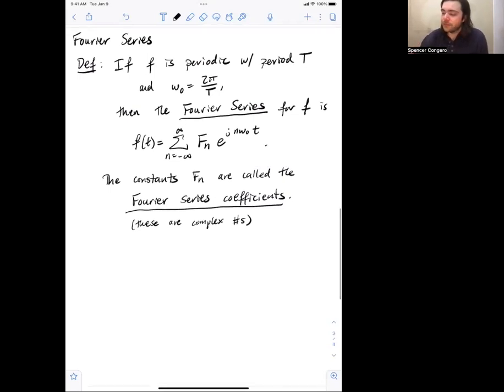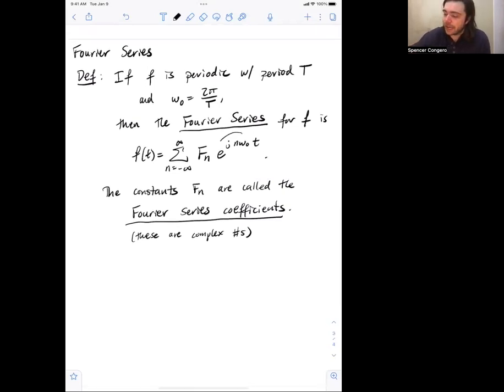And you can imagine why this would be useful, because now I have f of t written as a linear combination, a big infinite sum of these constants times these simple functions, and those functions are really easy to analyze with LTI systems, right? These are eigenfunctions. I put them in, I know exactly what comes out. What comes out is this function times the frequency response at that frequency.